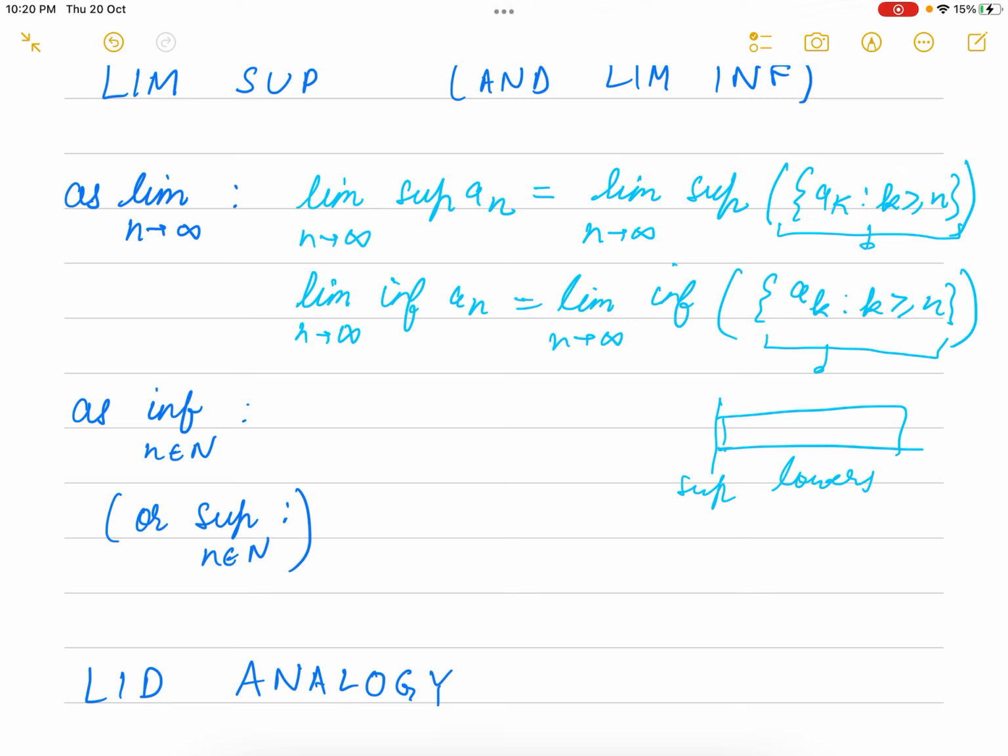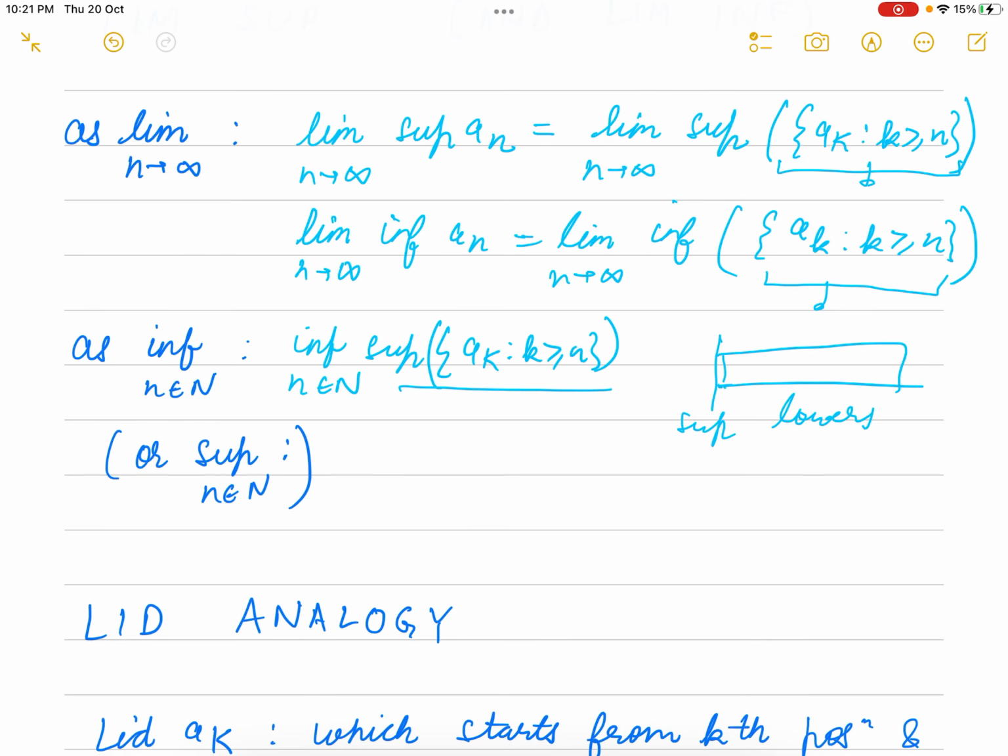That's why we can also write lim sup as the infimum over n in the natural numbers of the supremum of a_k such that k is greater than or equal to n. So here we see that instead of taking the limit as n approaches infinity, we can write it as the infimum over the set of natural numbers. This is lim sup.